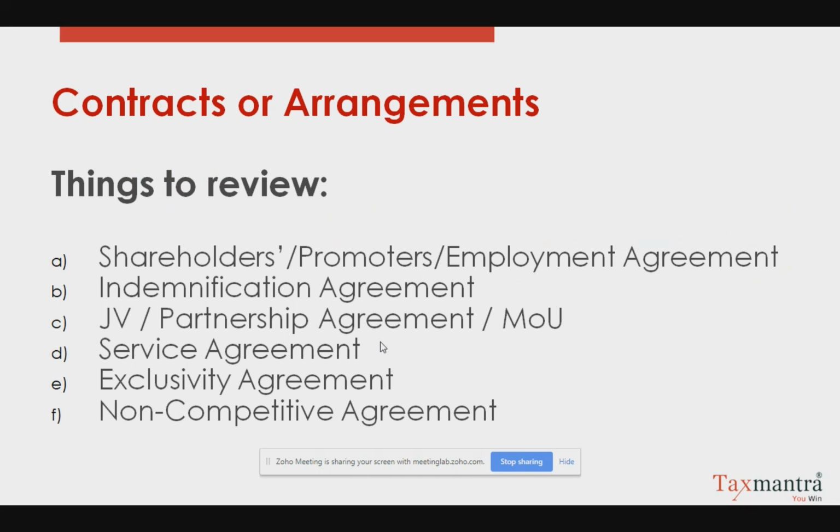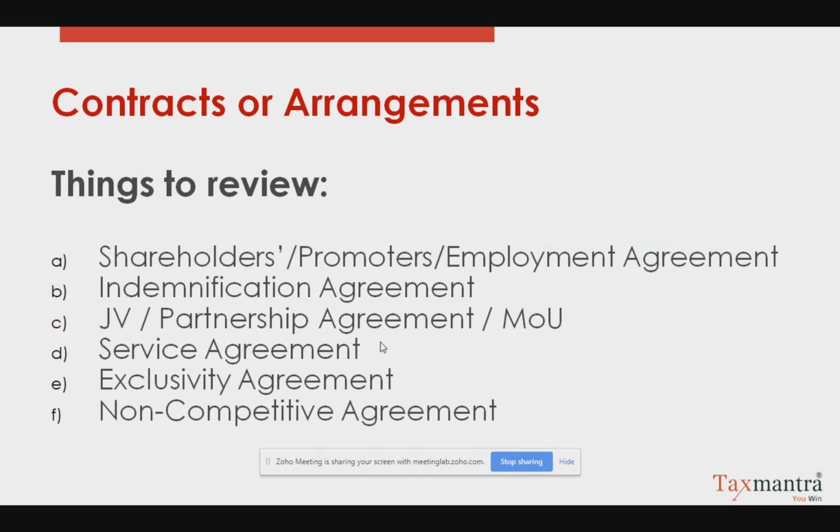Exclusivity agreement. In this agreement, usually the company can get into an agreement and say that certain sort of things are not covered between the two parties who have signed the agreement. So these things are excluded. What is excluded? It might happen that a few things which might affect the business operations of the company get excluded.